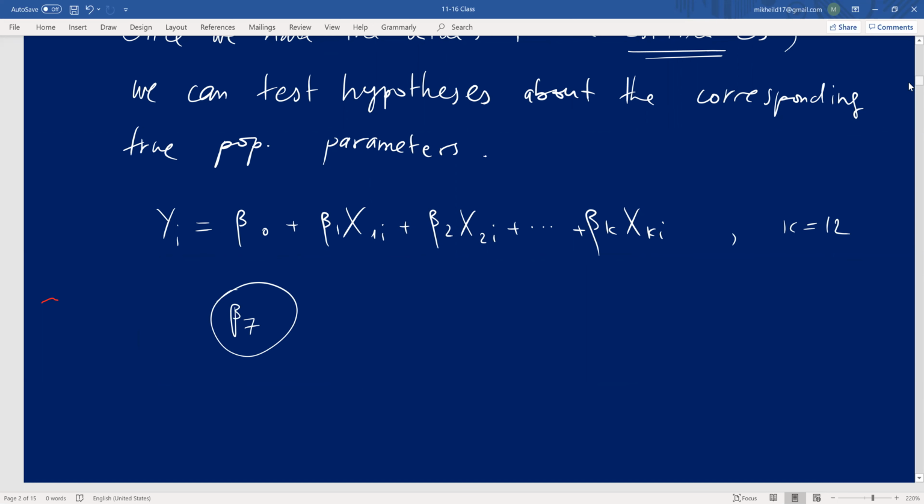What do you need for this? Can you tell me what we need to test the hypothesis about beta 7? You need an estimate of beta 7. We need a value for beta 7. Good. What else?